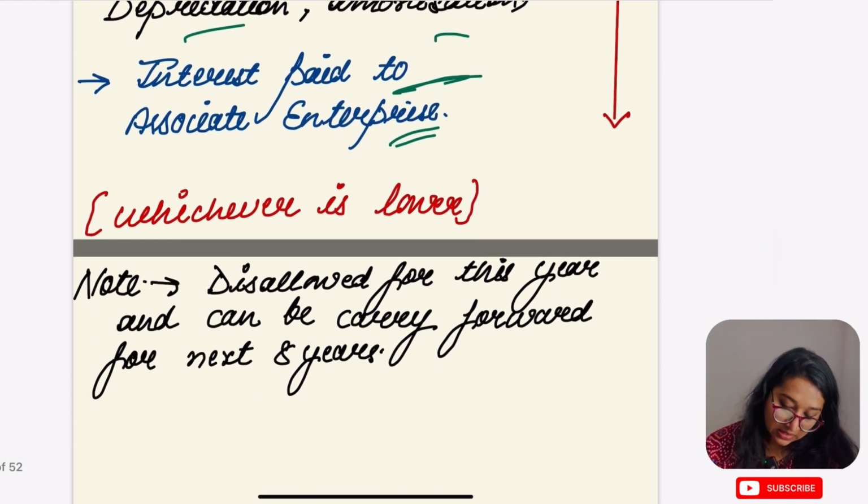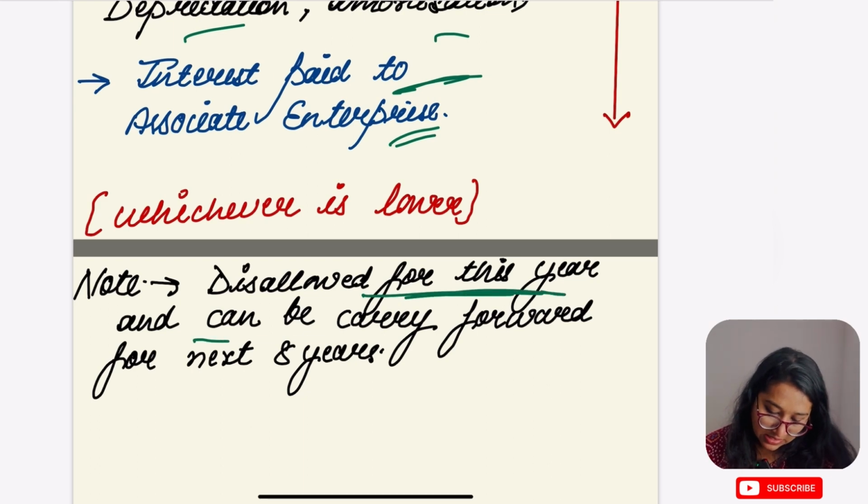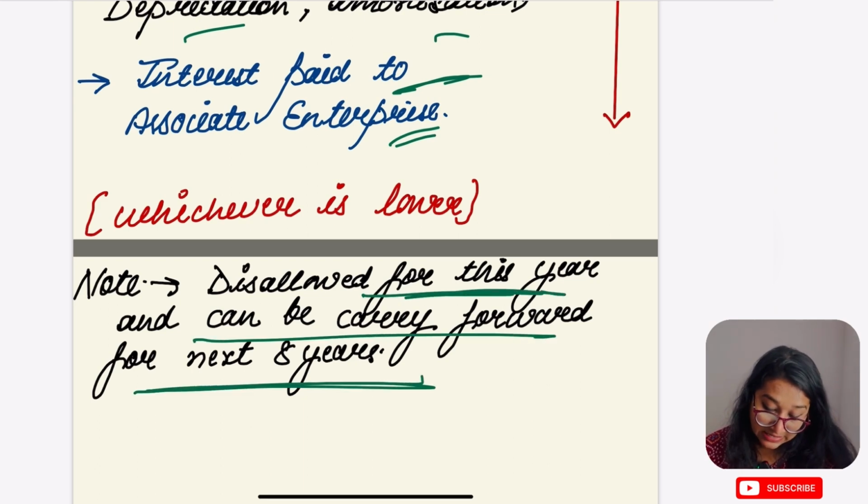Disallowance for this year can be carried forward to the next year. The law says that 30% of the excess interest is disallowed in this year, but it can also be carried forward for a further 8 years.